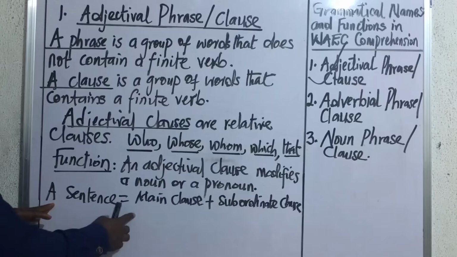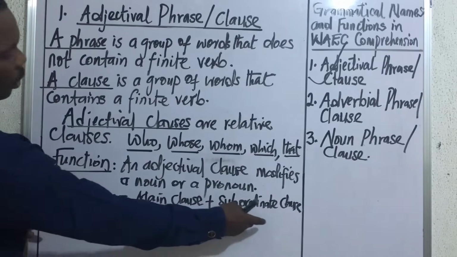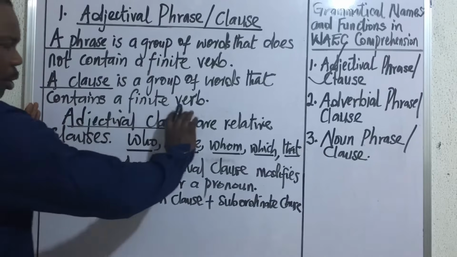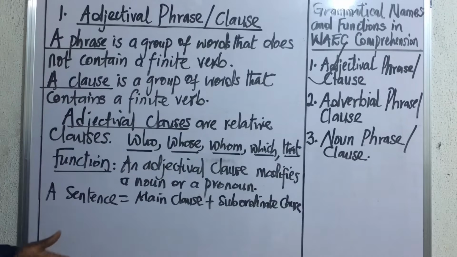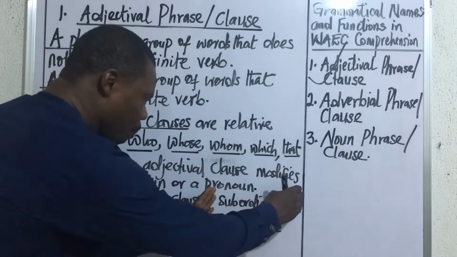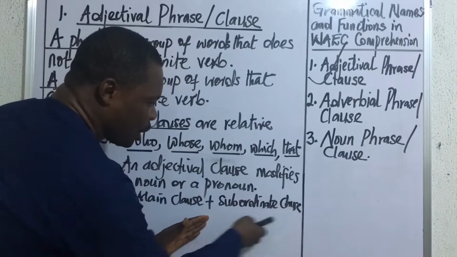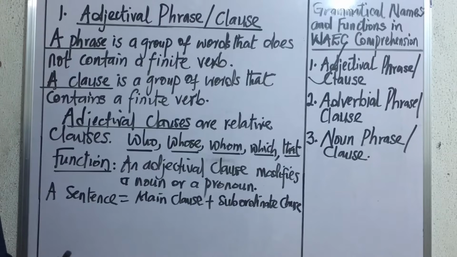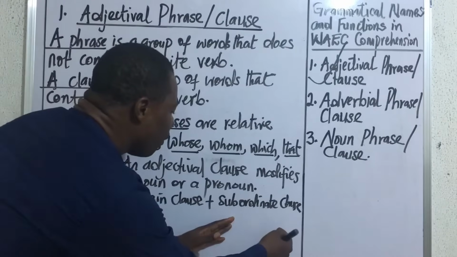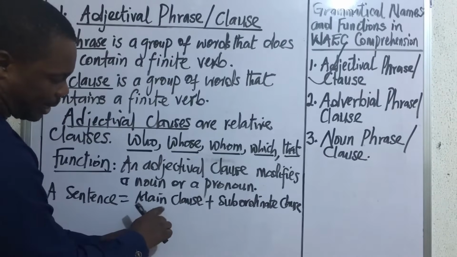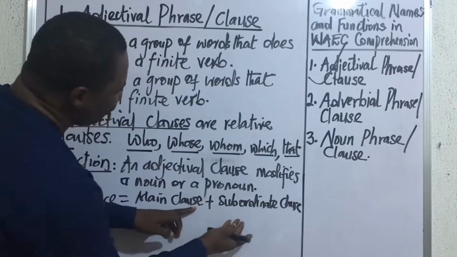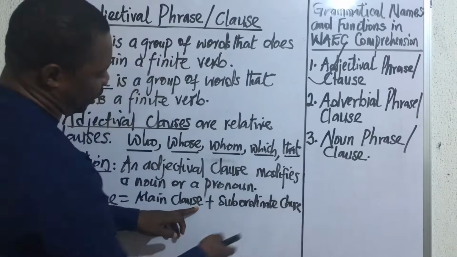So here, the adjectival clause or adjectival phrase that you are going to be given is going to be in the form of a subordinate clause or a dependent clause, so that it will be modifying the noun that is in the main clause. And that is usually the noun that appears before the clause begins in an expression.